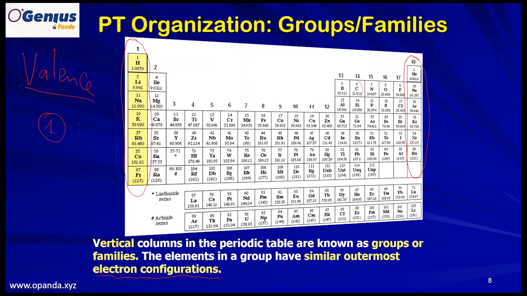Carbon has 4 electrons on the outermost shell, so it goes in group 4 or group 14. If you continue numbering without excluding the transition elements, then you get group 14. But if they are excluded, then you get 4.